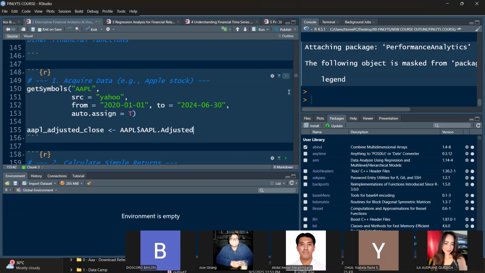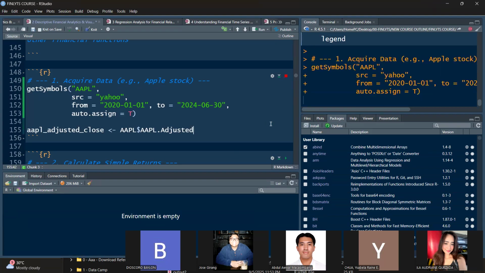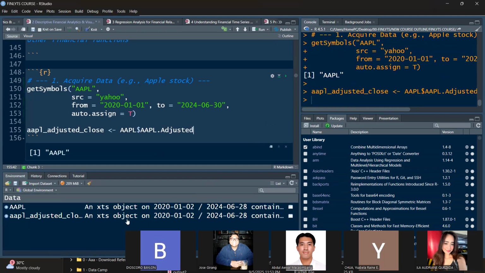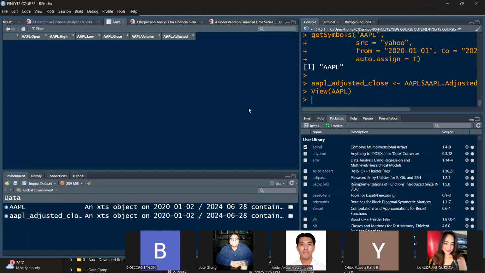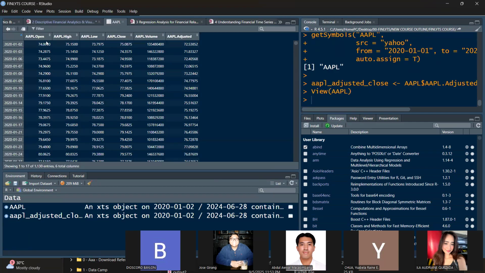If I run this one, you'll notice now in our environment, I have this Apple object, and it's an xts object. If I print this one here, you have this OHLCV data: open, high, low, close, volume, adjusted.